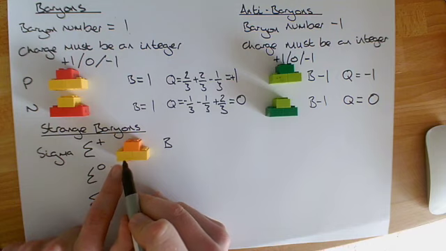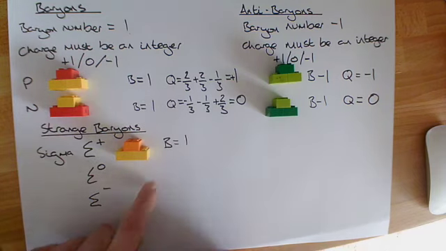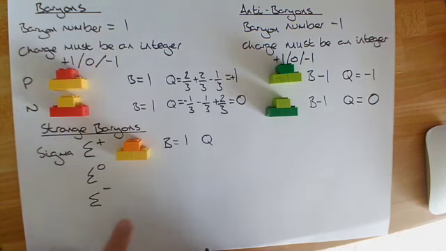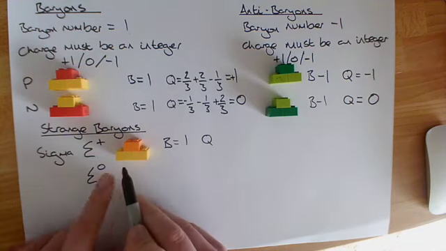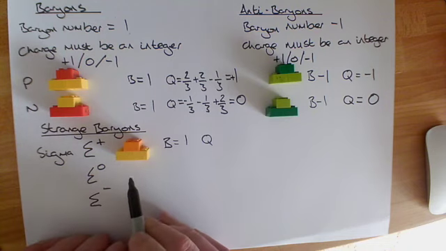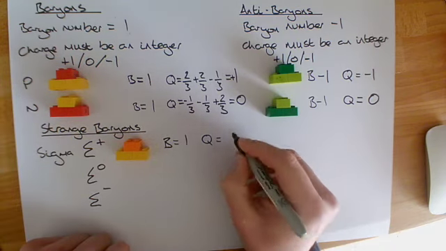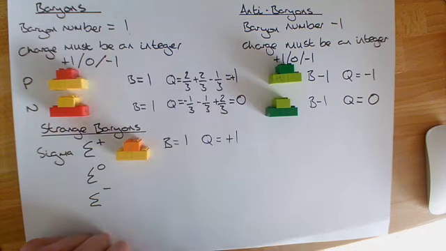And I've got plus 1/3, plus 1/3, plus 1/3. So there my baryon number is 1. The charge in this case is going to be plus 2/3, plus 2/3, minus 1/3. So that gives me a charge of +1.